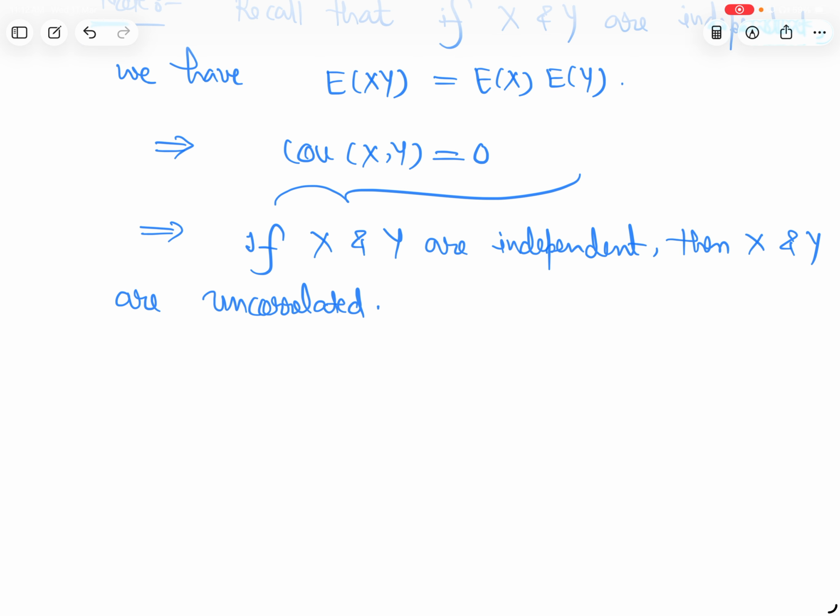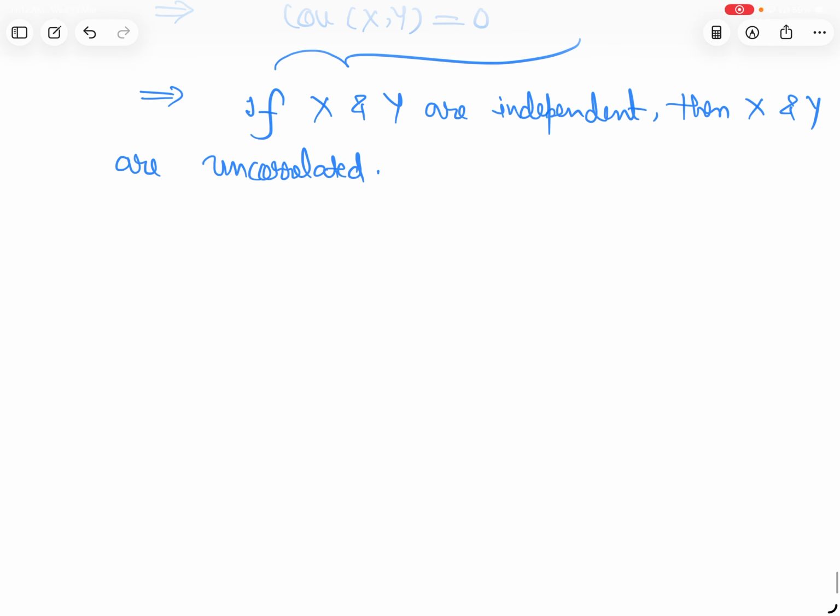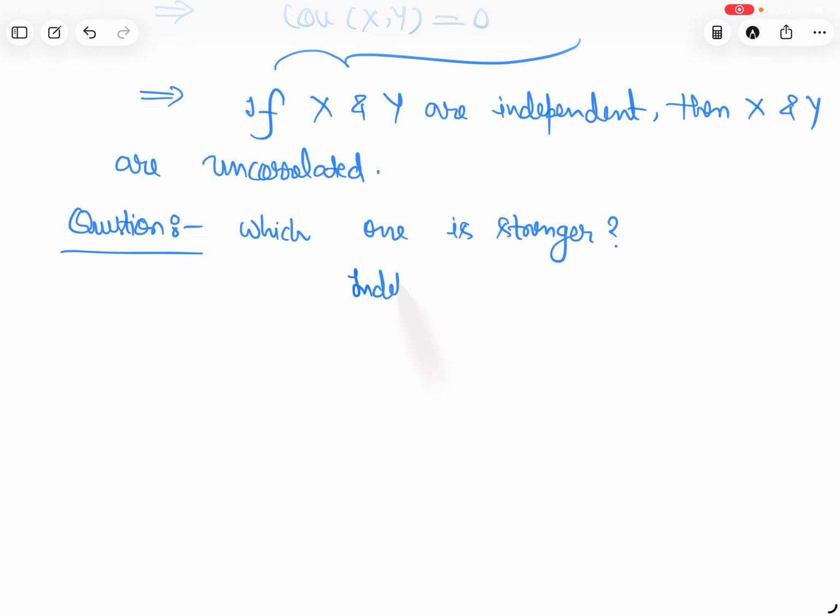So my question is, which one is stronger? Independence or uncorrelated?